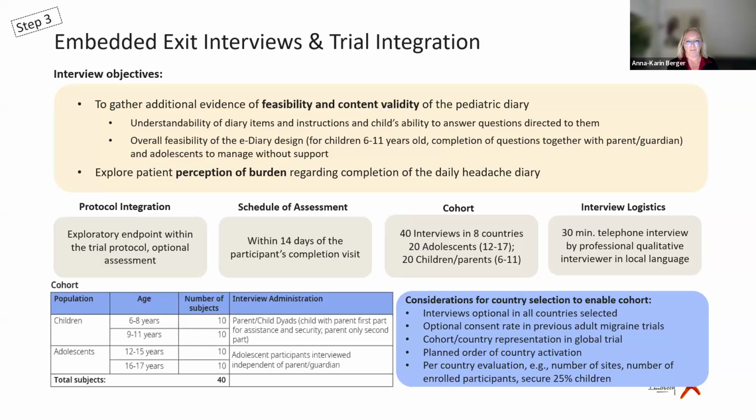We also explored the planned order of country activation so that you don't end up with all the interviews starting very late in the trial. And then per country evaluation, we explored the number of sites and number of enrolled participants for that country and site, to secure at least 20% of children in the sample.